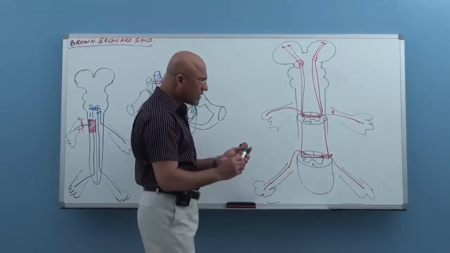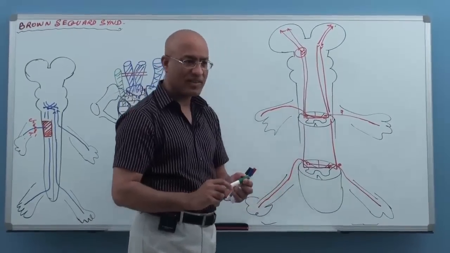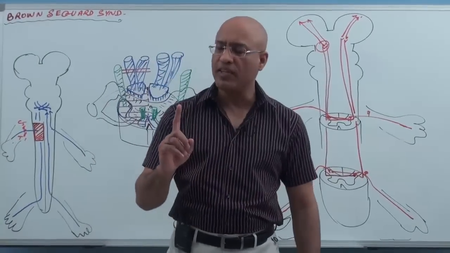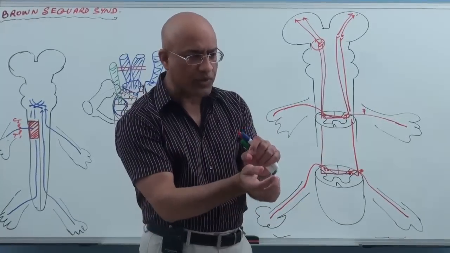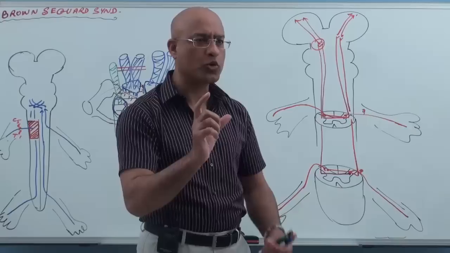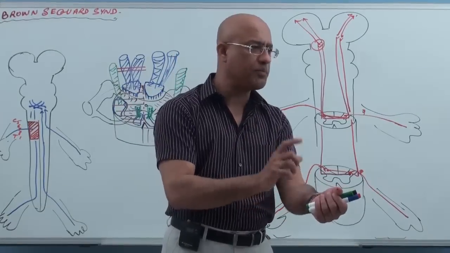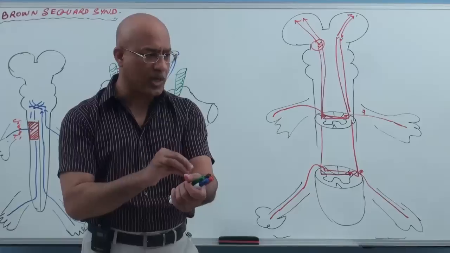Secondly, there is crude touch. I told you the dorsal column was taking which sensations? Fine touch. Fine touch you can feel with the pin. And crude touch the patient can perceive by the cotton ball you touch, right?